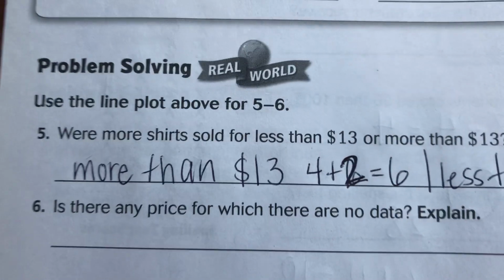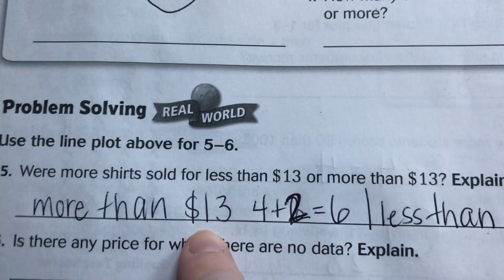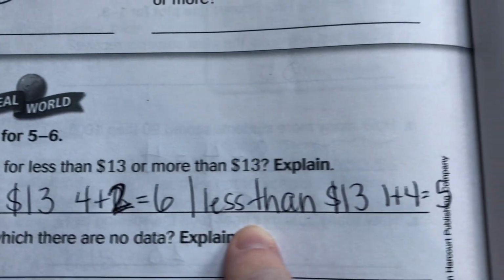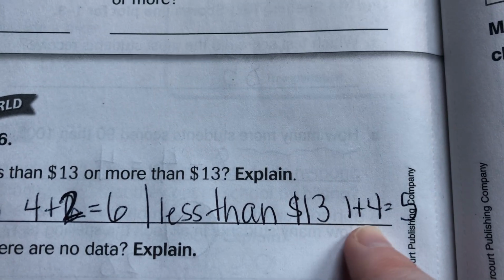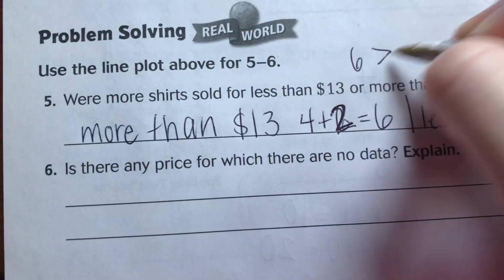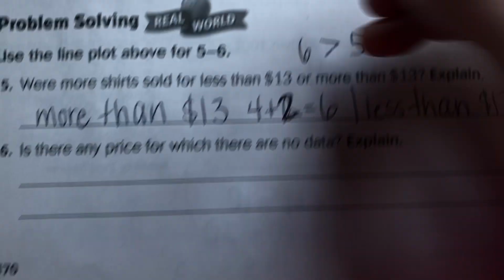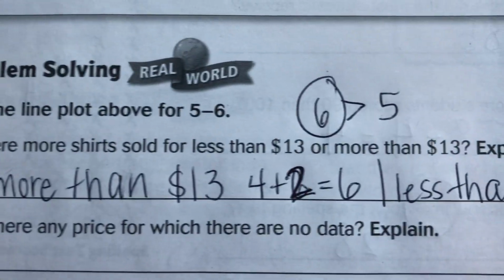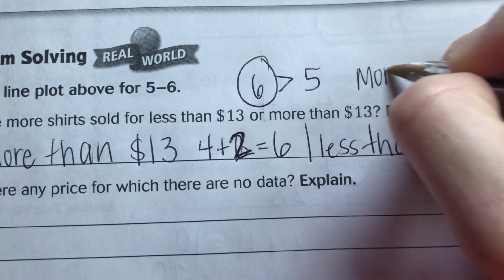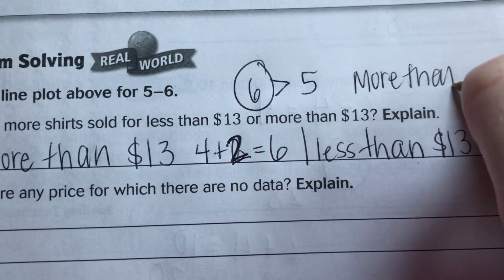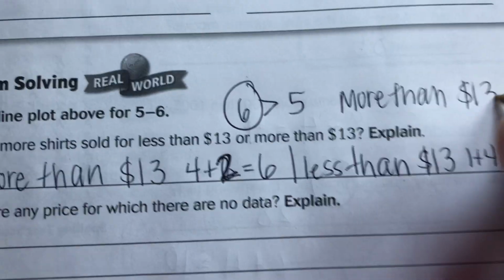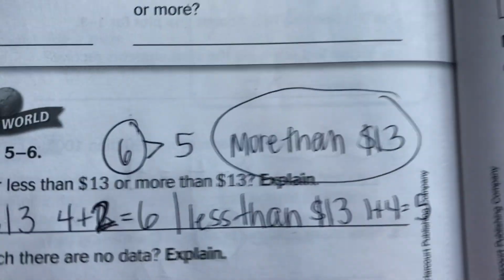So were more shirts sold for more than $13, or were more shirts sold for less than $13? As we could see here, 6 is greater than 5. So more were sold for more than $13. I know I don't really have a lot of space here. More than 13. I'm just going to circle that because that's my answer.